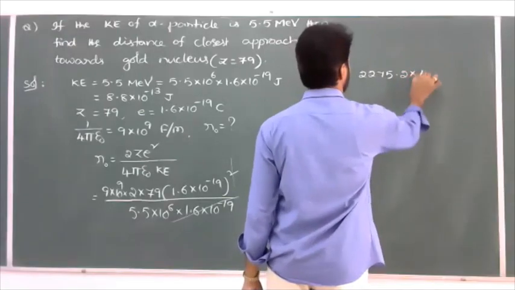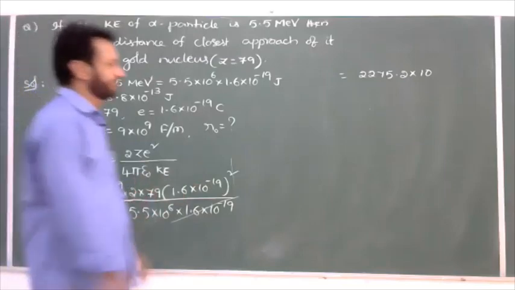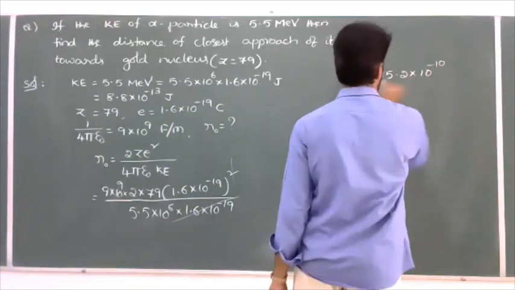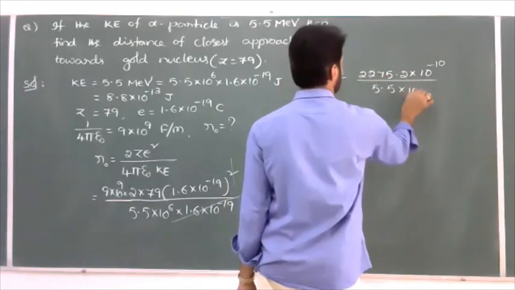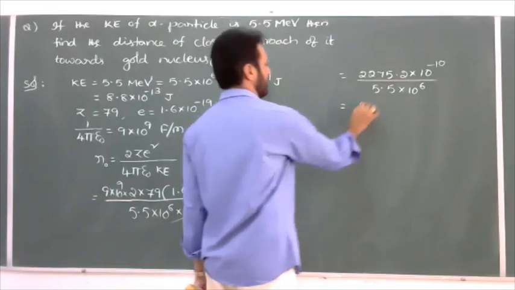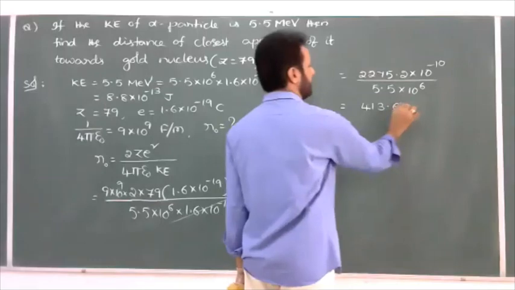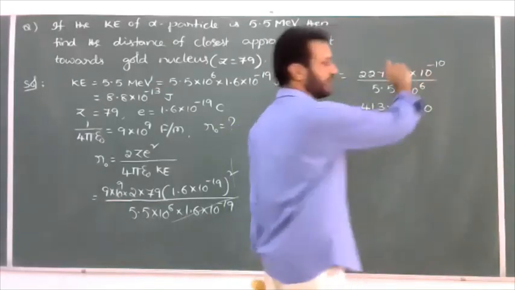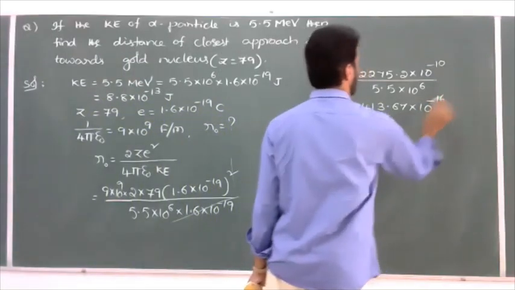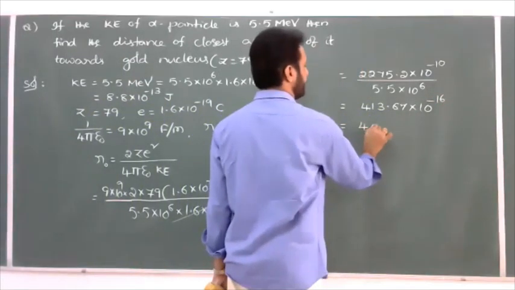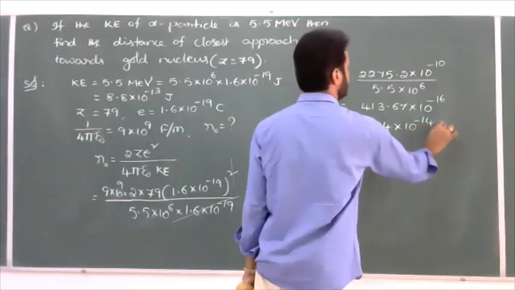2275.2 into 10 to the power of, how to check? Minus 19 plus 9 is equal to minus 10. 10 to the power of minus 10 divided by 5.5 into 10 to the power of 6. 413.67 into 10 to the power of, take 6 also to the numerator, minus 10 minus 6 equals minus 16, or adjust to 2 digits, 4.14, rounding up the value, into 10 to the power of minus 14 meter.